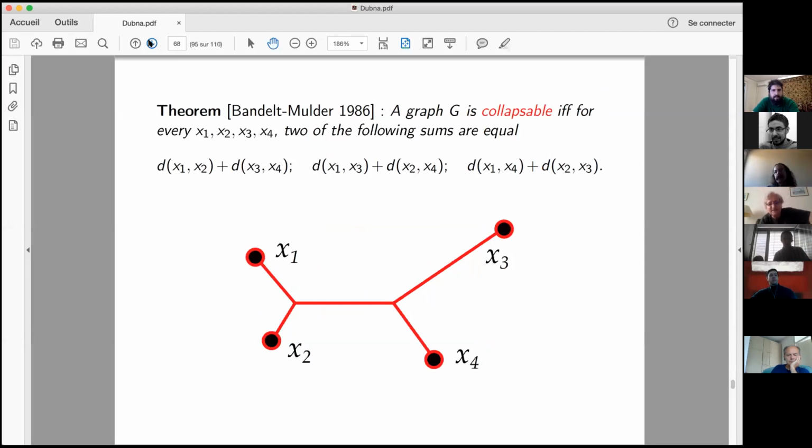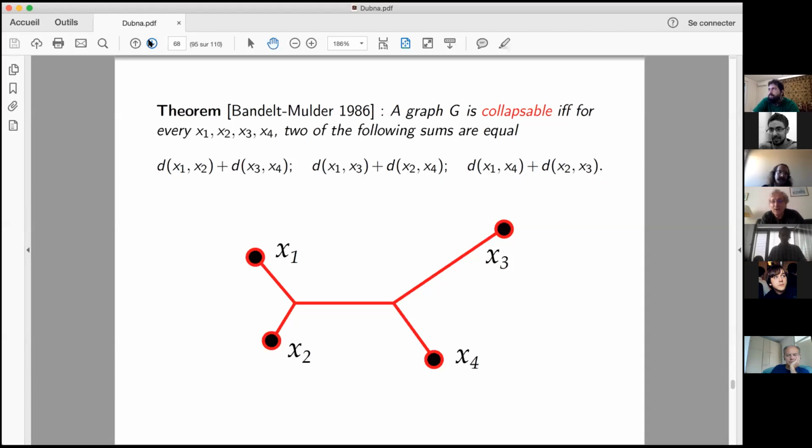You have distance between x1 and x2, x1 and x4, x1 and x3, x3 and x4. And then you add x1x2 plus x3x4, then x1x3 plus x2x4, and then x1x4 plus x2x3. So in other words, you compute the 3 lengths of the 3 diagonals.